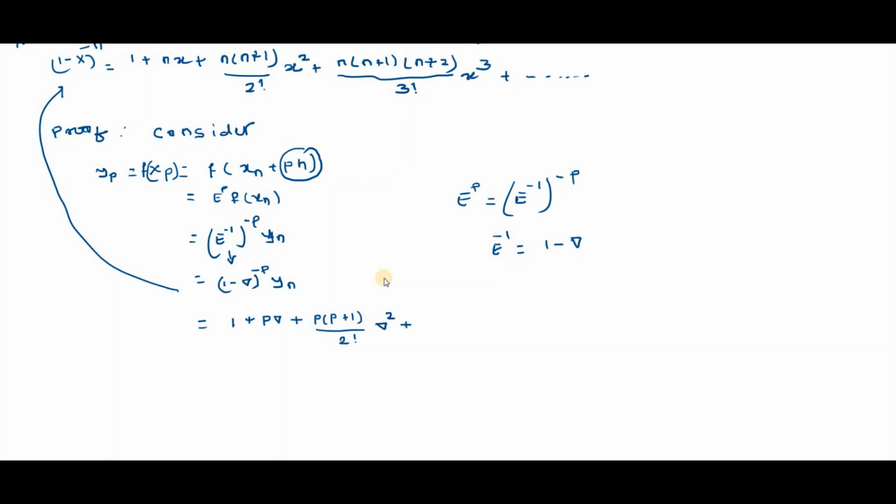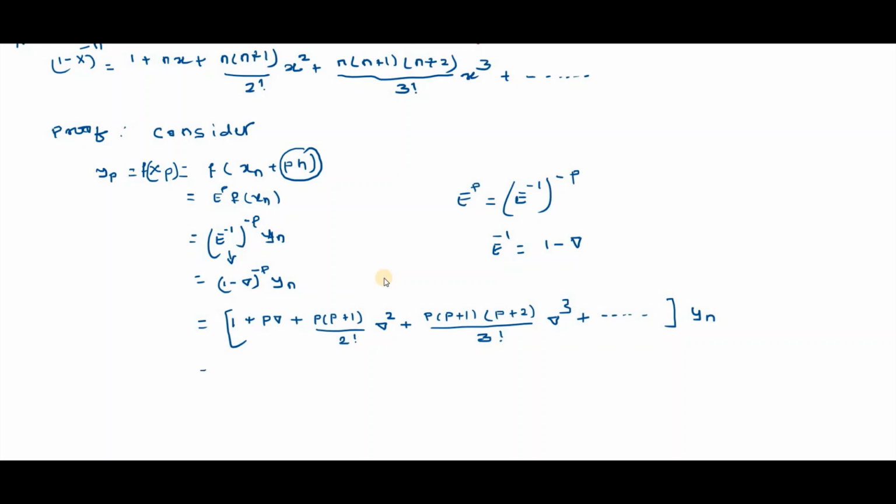Similarly, continuing, plus n into n plus 1 into n plus 2 is nothing but p into p plus 1 into p plus 2 divided by 3 factorial, and x cube we write as del cube, plus and so on, bracket complete, and outside we have the term yn.